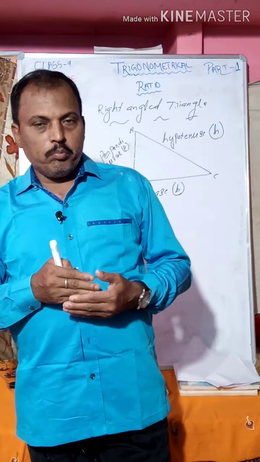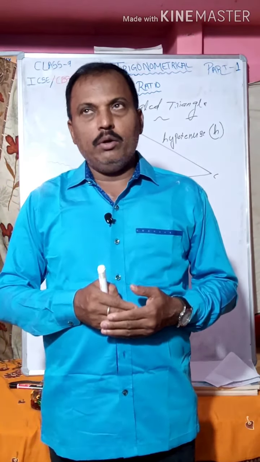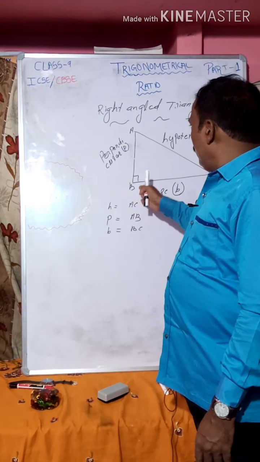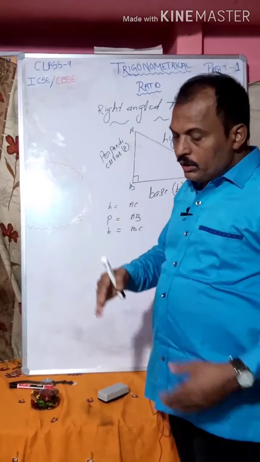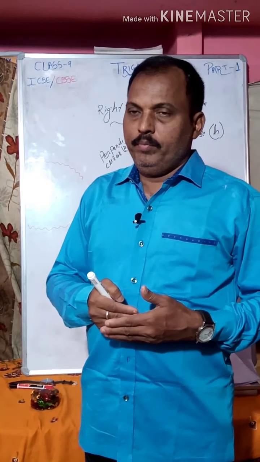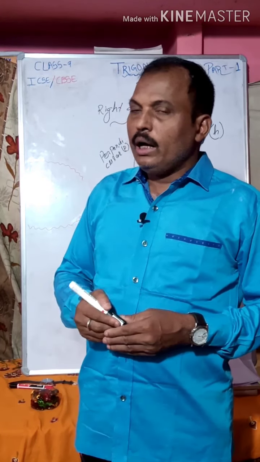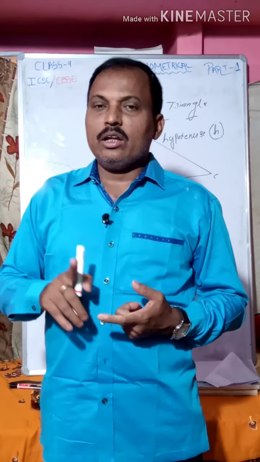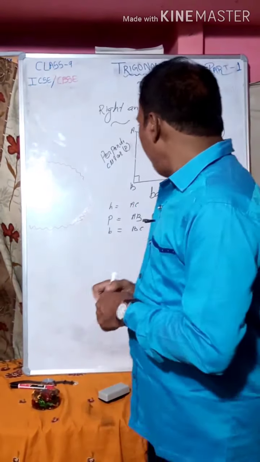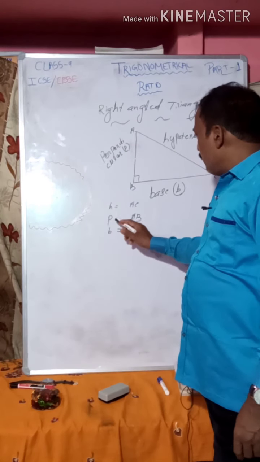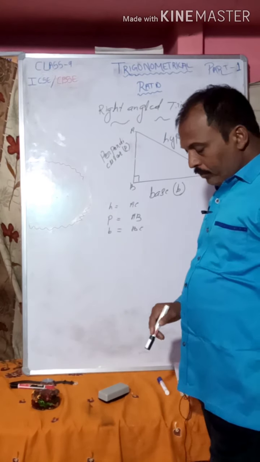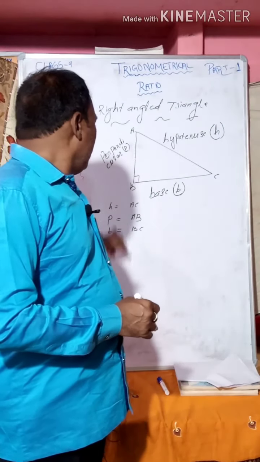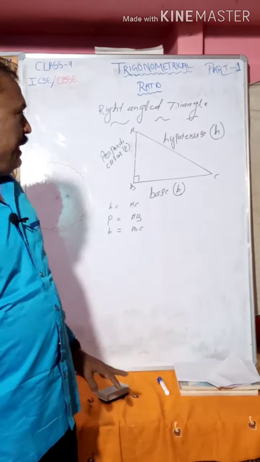Now you only need to know that in a right angle triangle, one is the hypotenuse, which is the greatest side, and of the other 2 sides, one is base, another is perpendicular. Now look, H, P and B are the 3 sides of the right angle triangle.